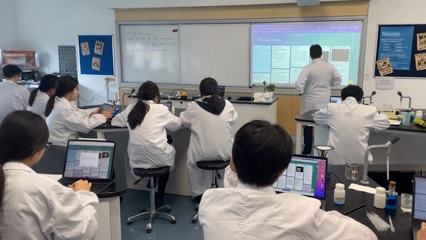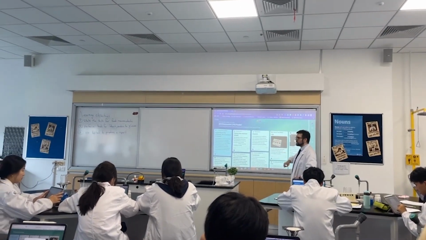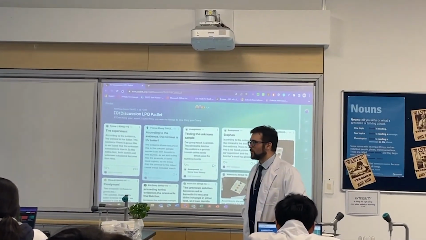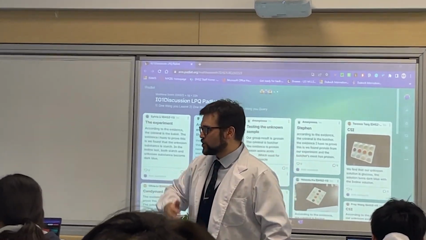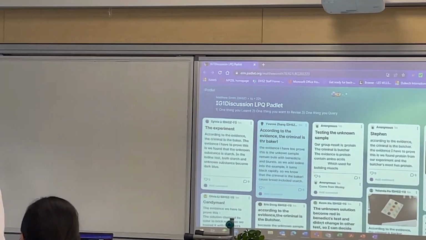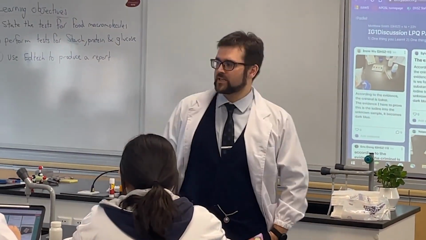We found that our unknown solution is glucose. Ah, but Terence had a comment in. Who's the bad guy? Huh? That's the whole point. You're writing this to the detectives to tell them. You're like, well, actually, Detective O, we found that the bad guy must be the Candyman because it contains glucose.